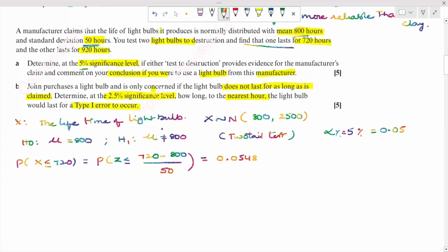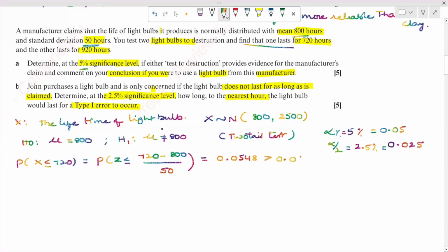Now, is this less than or greater than? Two-tailed test means we should consider alpha by 2, which is 2.5 percent, that is 0.025. So 0.0548 is greater than 0.025.